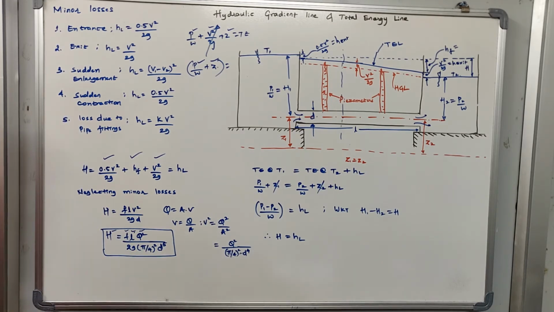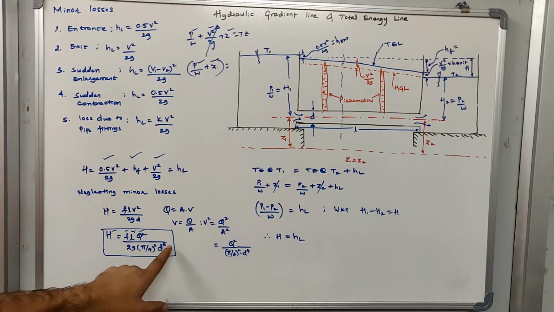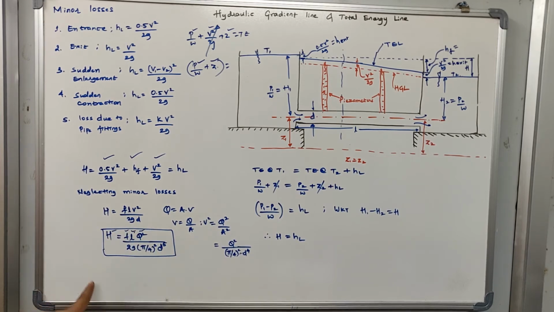So when you are designing a pipe, you know the discharge that is required, the length between the two tanks, and the difference of water level between the two tanks. In that case you can find the diameter using this equation. So this is the equation which is used to design a pipe.